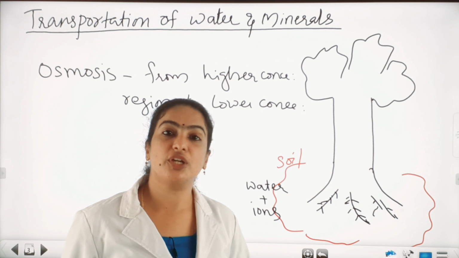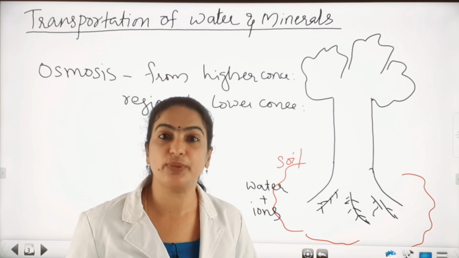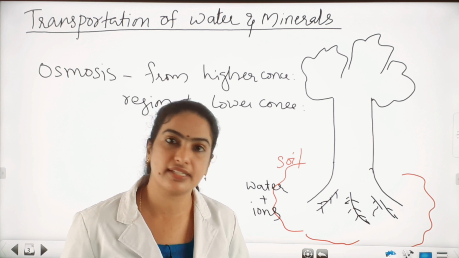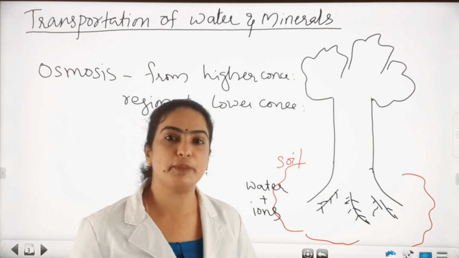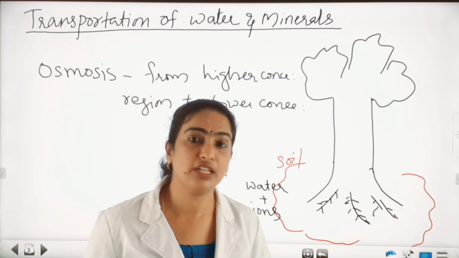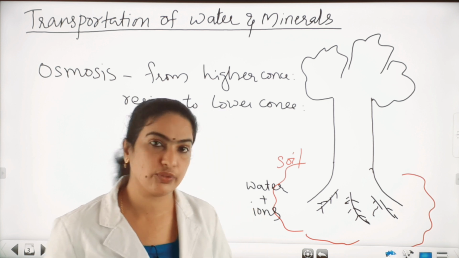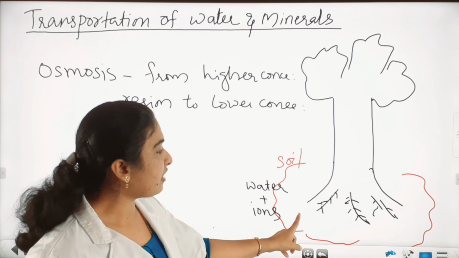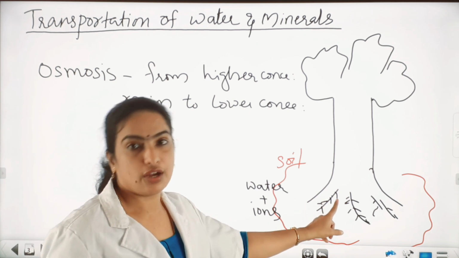If the transportation is of substances other than water molecules, it is called diffusion. From higher concentration to lower concentration, there is a transportation. So you know the difference between diffusion and osmosis very well. You already learned in 9th standard. Okay. So here through osmosis, the water from the soil enters into the root cells.